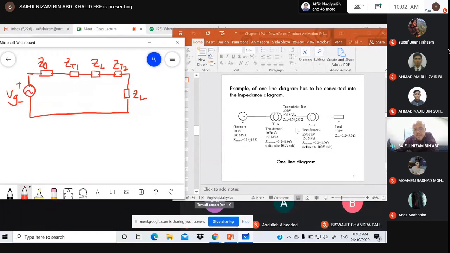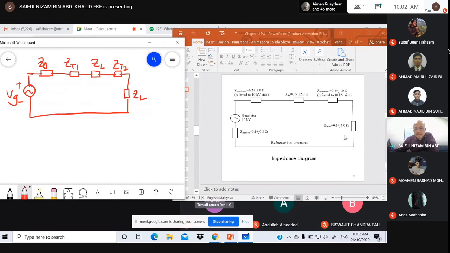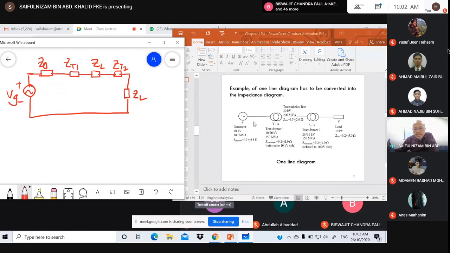It depends on the question, so you can choose either one depending on the question given. So this is the reactance diagram. We have five impedances in series. Each component is represented by its equivalent impedance.